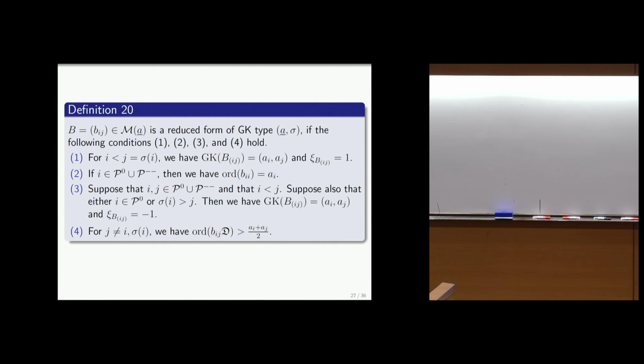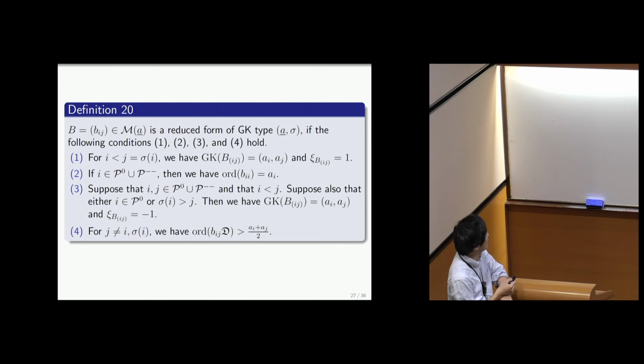The first condition says that if i is smaller than j, and j is equal to sigma i, then the Gross-Keating invariant of B_ij is (A_i, A_j), and the signature of B_ij is equal to 1.